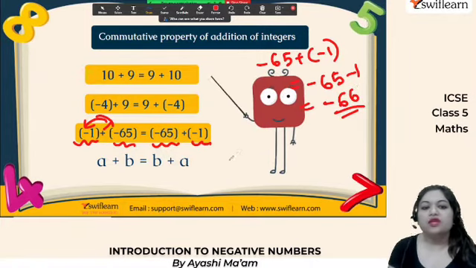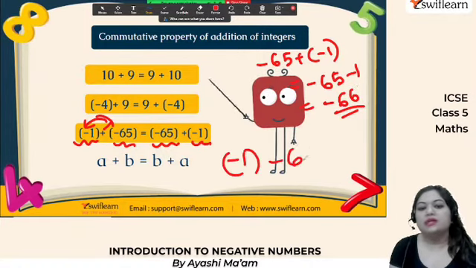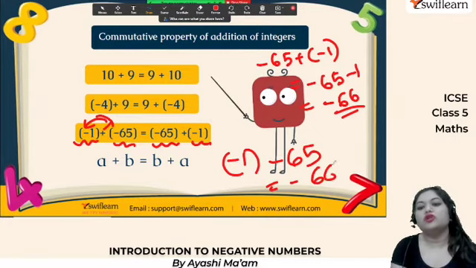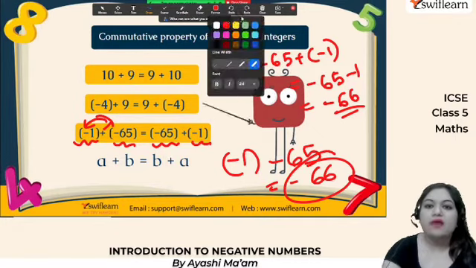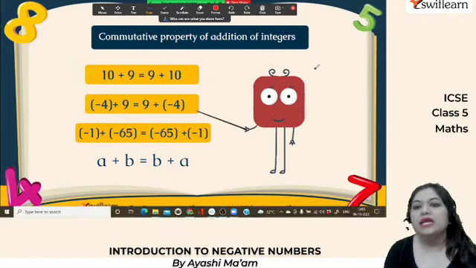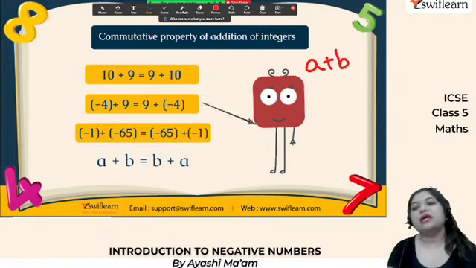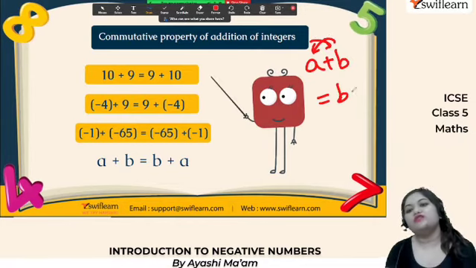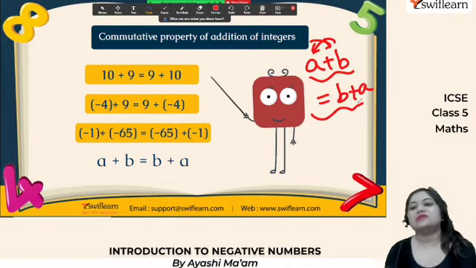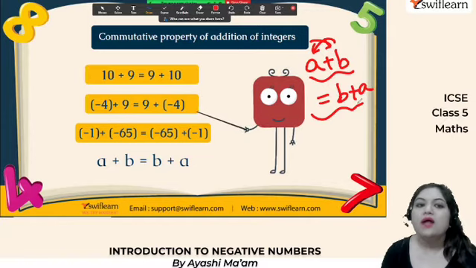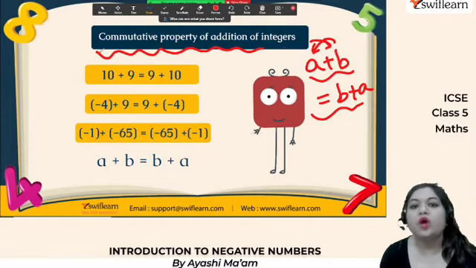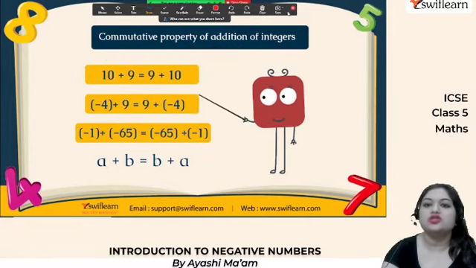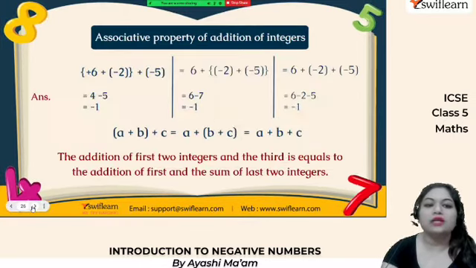Okay, and even if you do minus 1 and then minus of 65, this is also going to give you minus 66 only. That means what? If you take any integer a and you are adding b to it, even if you reverse these orders, that means if you write b plus a, these answers are always going to be equal. This is called the commutative property of addition of integers. Okay, so this is the commutative property.